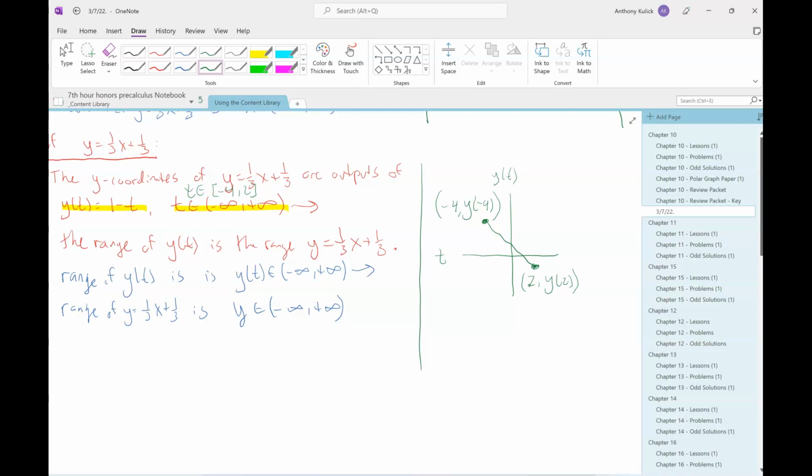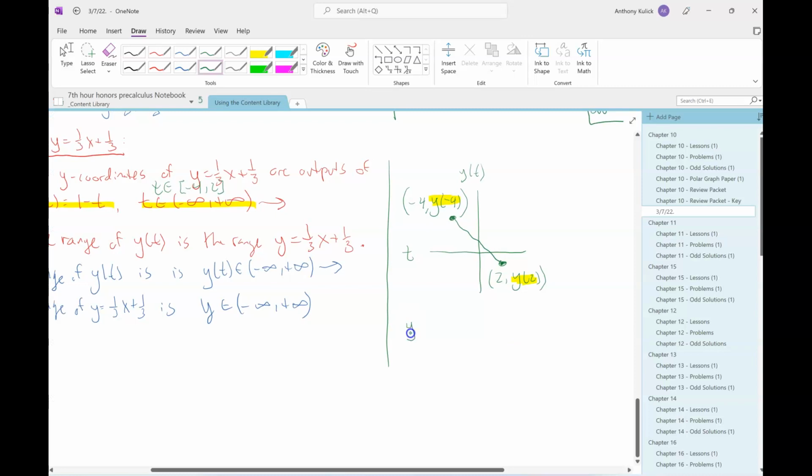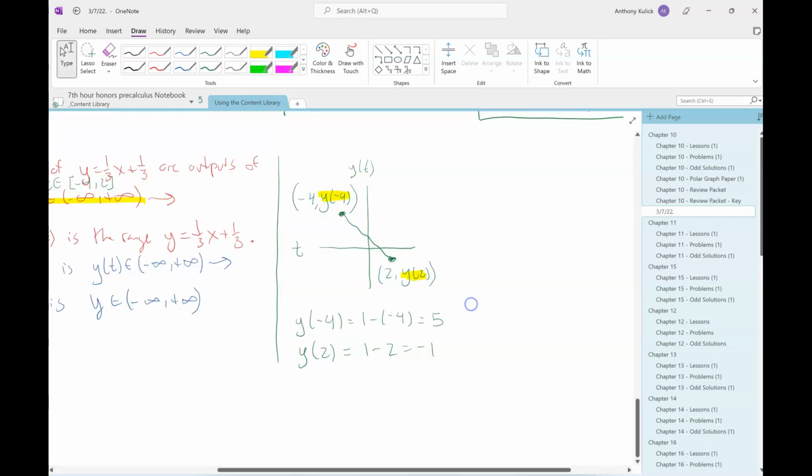Again, I'm looking for the range of this function. So I'm really just going from y of 2, the minimum, up to y of -4, the maximum. So going from -1 to 5.